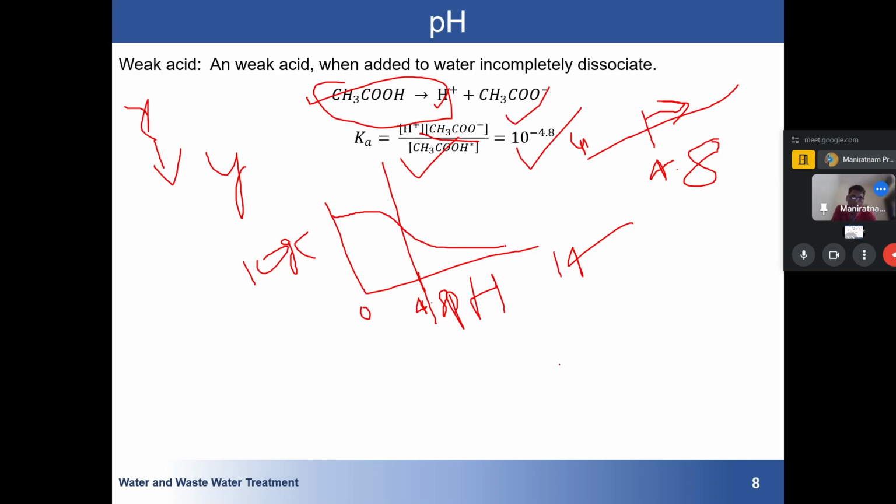At higher pH, this will be dominant like this, and at pH 4.8 the concentrations will be equal. This is corresponding to CH3COOH, and this is corresponding to CH3COO minus. So this is a log C pH curve which we generally follow.